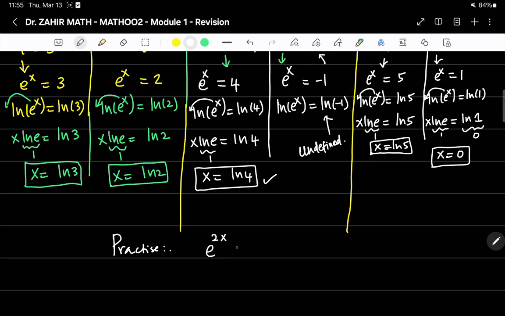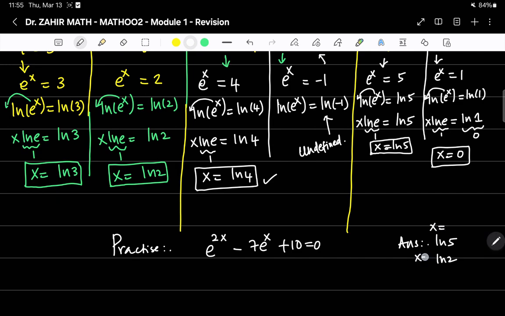E power 2x minus 7 e power x plus 10 equal to 0. I'll give you the answer also. When you solve it, you will get ln 5 and you will get ln 2.